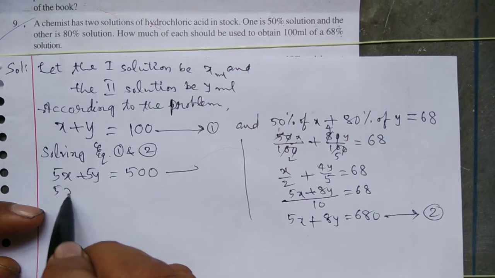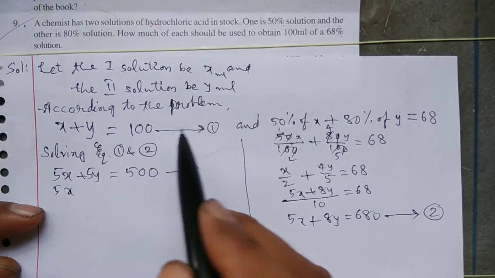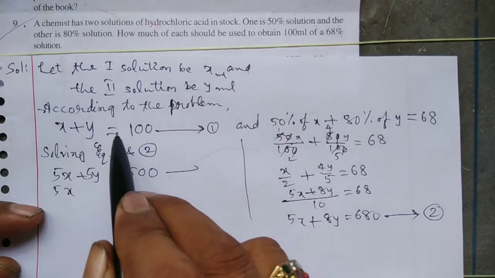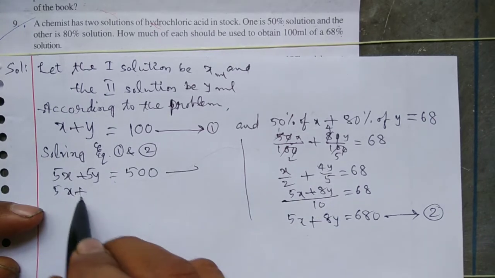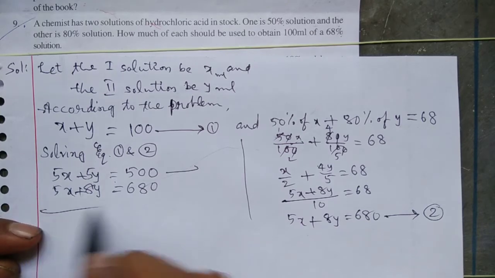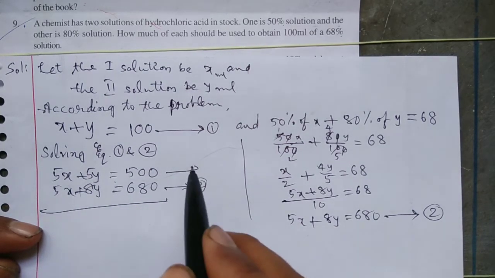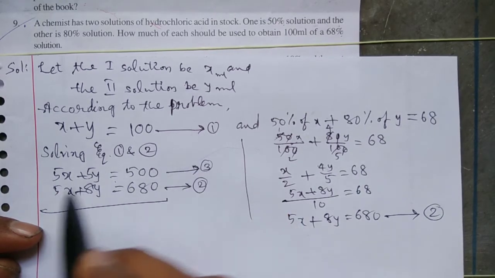And the second equation, 5x plus 8y is equal to 680. If we subtract, we can get the third equation.